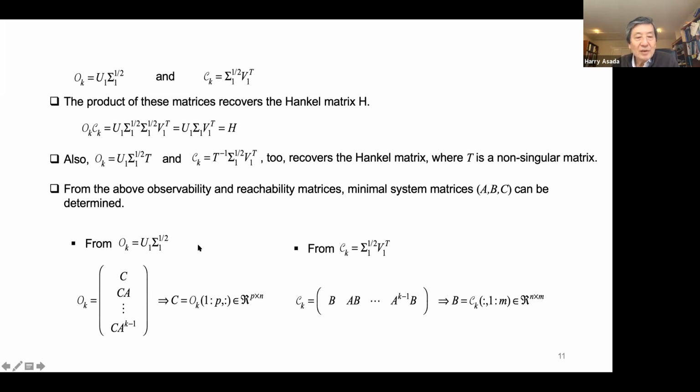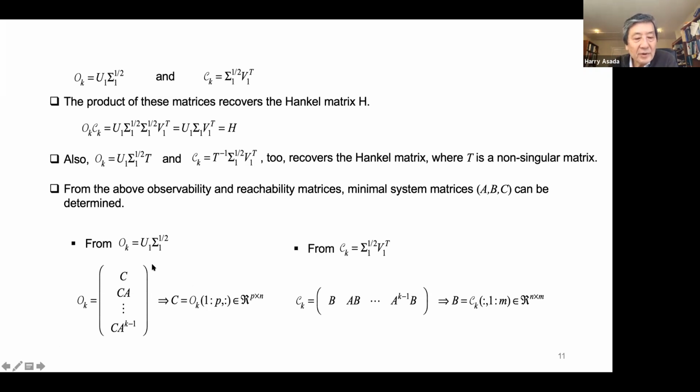Okay. So from the above observability and reachability matrices, we can determine the system matrices A, B, C in the following way. Now we know O_K is this guy, right? This is computable from the Hankel matrix. We can determine U1 and sigma 1, so this is known now.